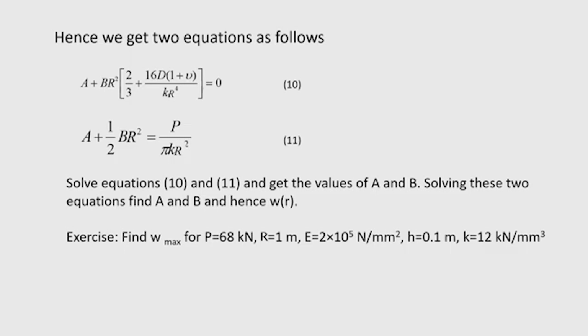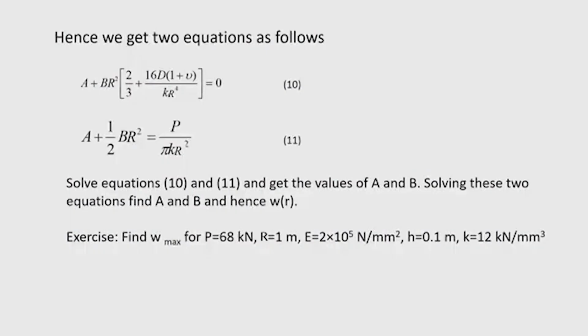Thickness of the plate can be taken as say 0.1 meter, that is 100 mm, and then K, the modulus of subgrade reaction, is taken as 12 kilonewton per millimeter cube. So, by adopting this data you can find the deflection of the plate.